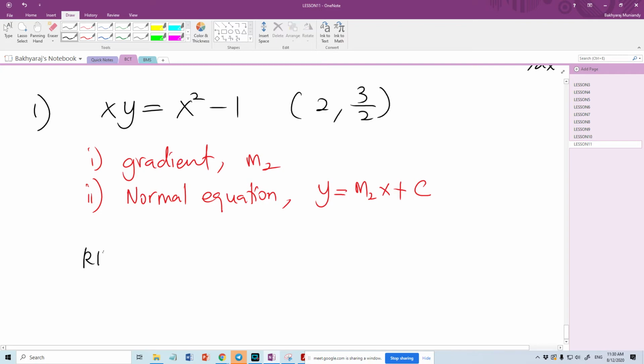The right hand side is easy, it just equals 2x. Very good, you will get 2x.